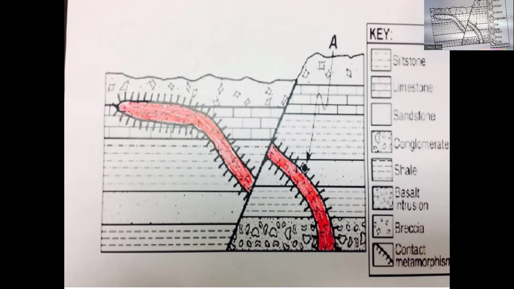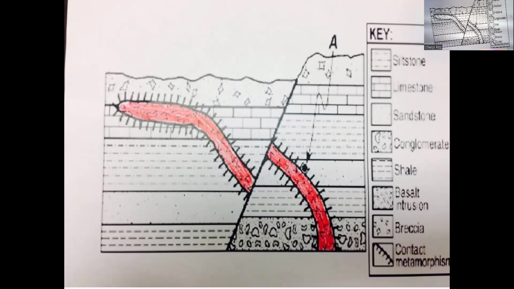Because it doesn't go out. That's part of the reason you know it's an intrusion. But we talked about yesterday how the layers on top of it may have been deposited after the lava had cooled and hardened. How do I know that's not the case here? How do I know that this really was never on the outside?